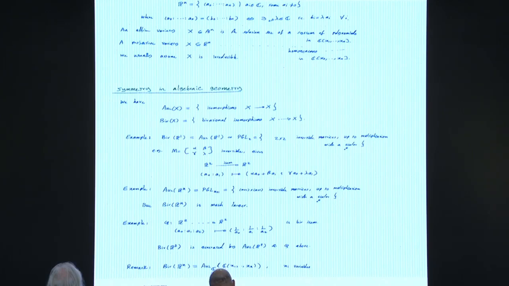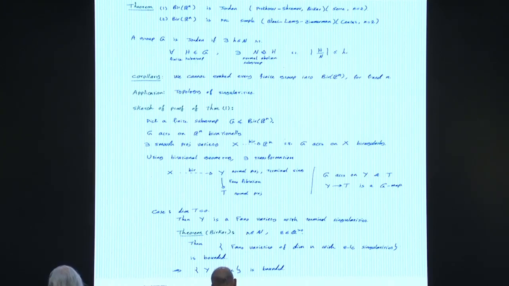So especially the German and the Italian schools of algebraic geometry studied these things and discovered a lot of things about geometry and algebra and so on. But some of the questions about these groups were answered much later.